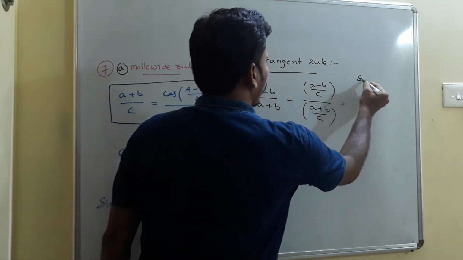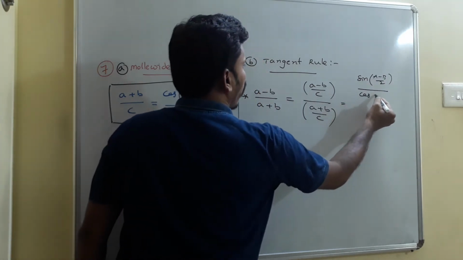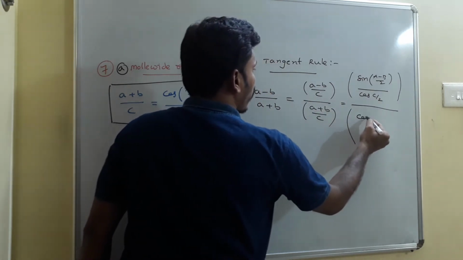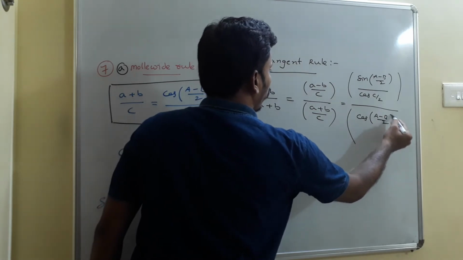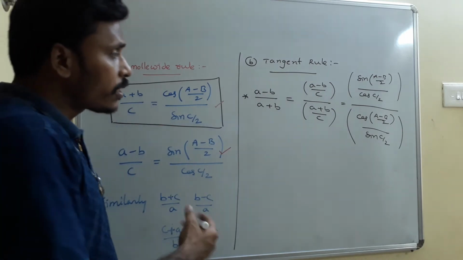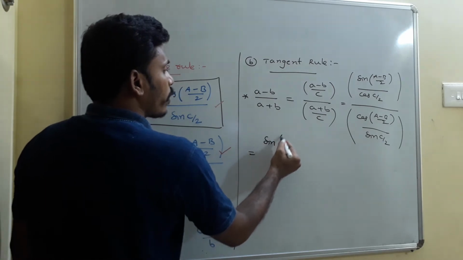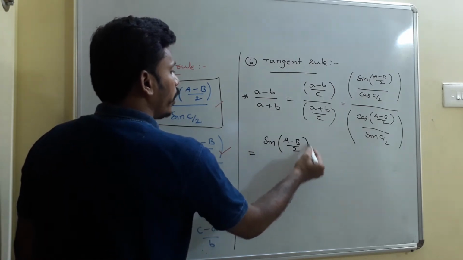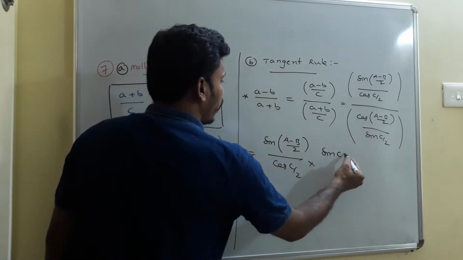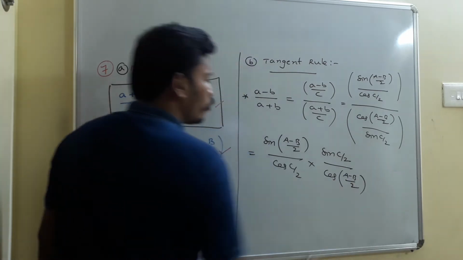So this numerator is sin of (a minus b) by 2 divided by cos c by 2. This is the numerator, divided by, here a plus b means cos of (a minus b) by 2 divided by sin c by 2 is the denominator. See, for the simplification, this denominator gets reciprocated, right? So this is equal to sin of (a minus b) by 2 divided by cos c by 2, into, if you reciprocate, sin c by 2 divided by cos of (a minus b) by 2.